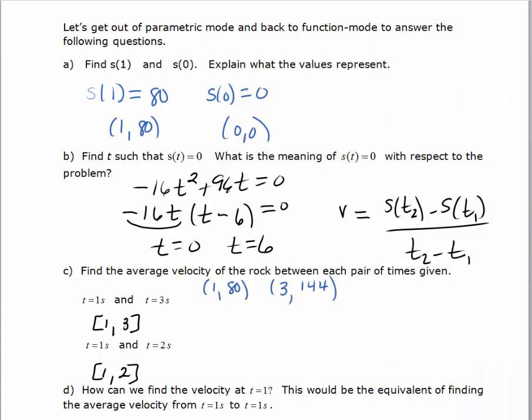So to use this formula to find the average velocity from 1 second to 3 seconds, I need these two ordered pairs, 1, 80 and 3, 144. Plugging into the formula, 144 minus 80 over 3 minus 1 gives us 32 feet per second.